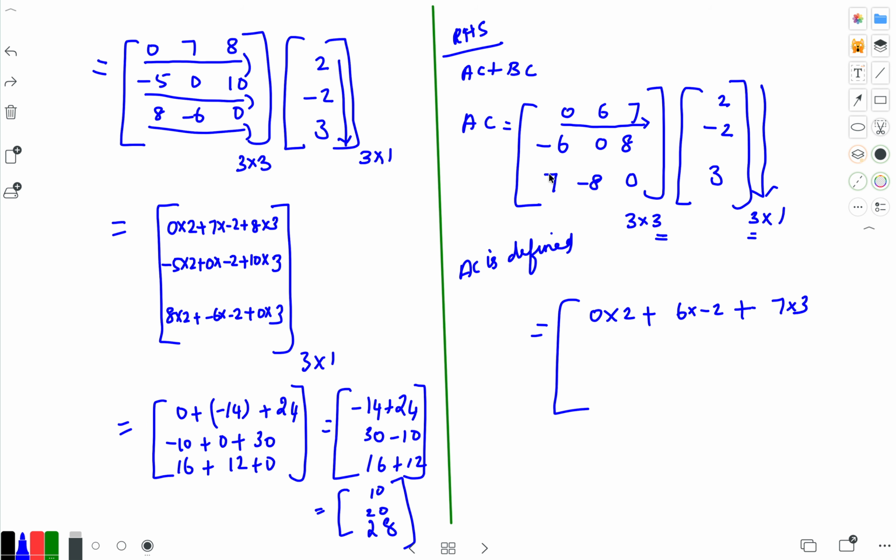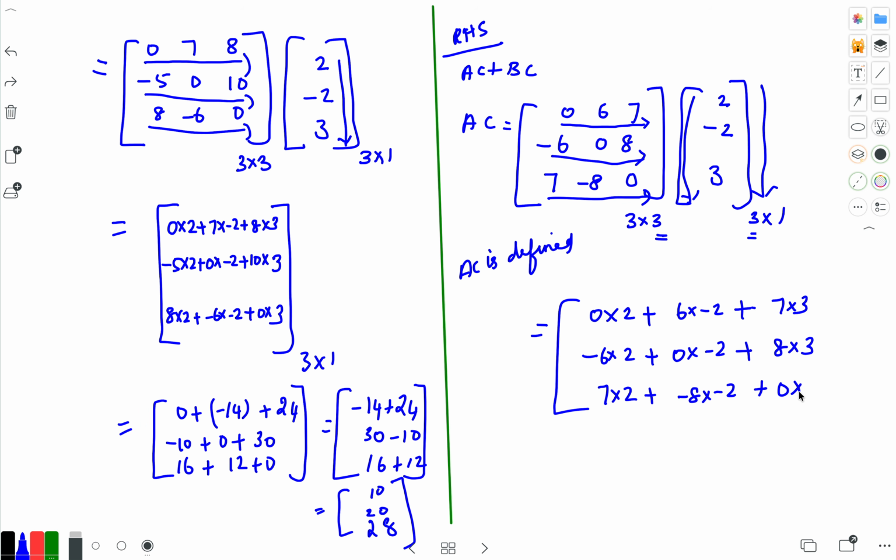Then the sum of the product of second row with the first column: minus 6 into 2 plus 0 into minus 2 plus 8 into 3. Then sum of the product of third row with the first column: 7 into 2 plus minus 8 into minus 2 plus 0 into 3.